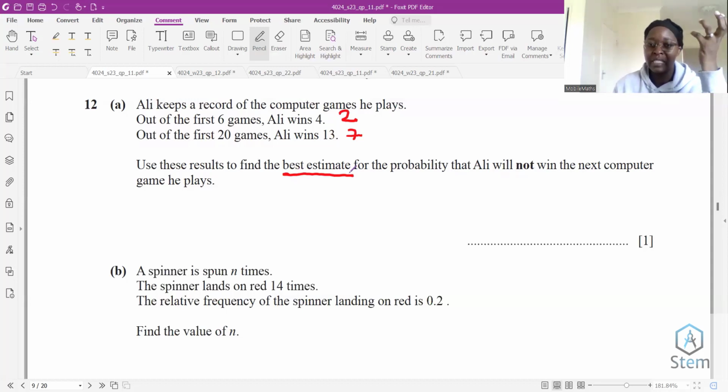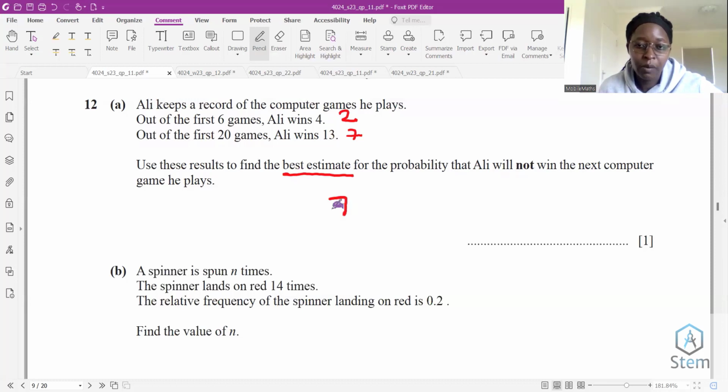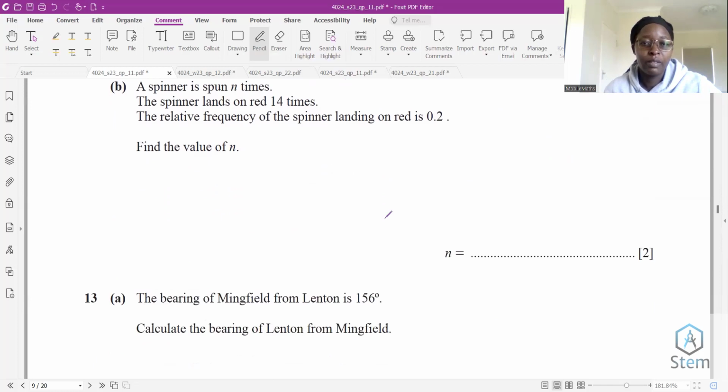So the probability is going to be basically 7 over our total number of games, which is our 20. So that's the probability there. If you want, you can have it as a decimal. It's fine. Then we have the next one. A spinner is spun n times.